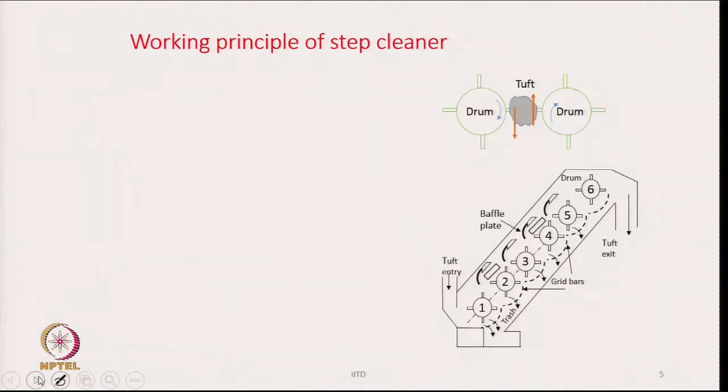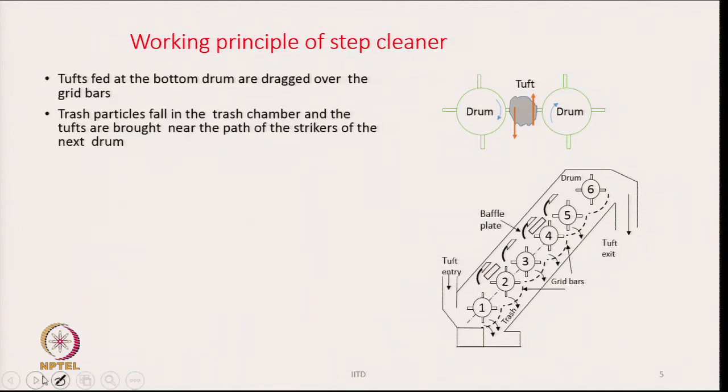Now, if we look at the working principle of the machine, the tufts are fed at the bottom of the drum. So, this is the tuft entry point. The first drum is going to act on the tufts, and what is it going to do?